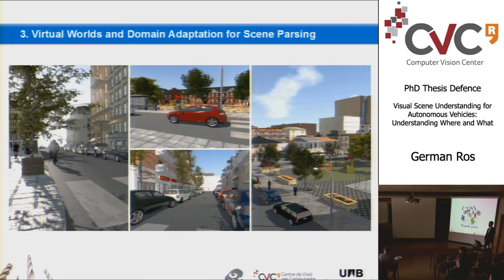For other problems like depth estimation, that might get much more challenging. Right now, we are not computing depth. This is something coming from a z-buffer. It might be very different from the aberrations of the algorithms you use for computing depth. So there, we will somehow need to learn a better way of rendering depth in virtual worlds in order to match the distribution of the real one. That's something that we will need to explore.